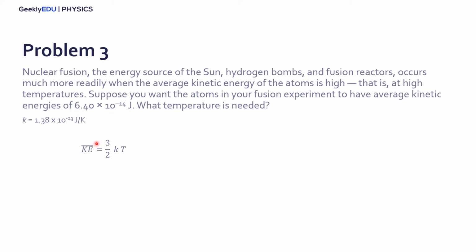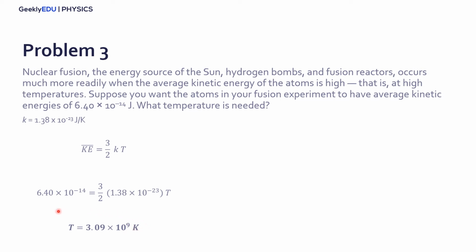If you want a specific kinetic energy in your experiment, you can calculate what temperature is needed for it. So it's pretty simple. You just add the values. We already have the kinetic energy and the Boltzmann constant, isolate and calculate the temperature, and find that we need a temperature of 3.09 times 10 to the 9 Kelvin.